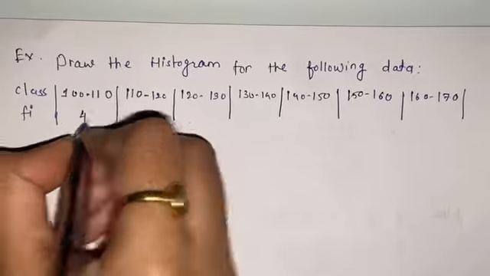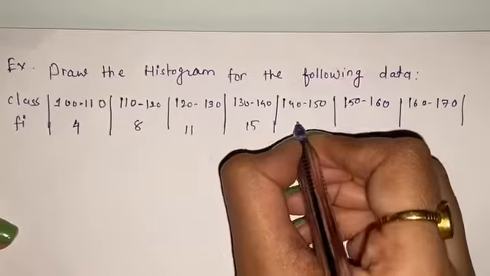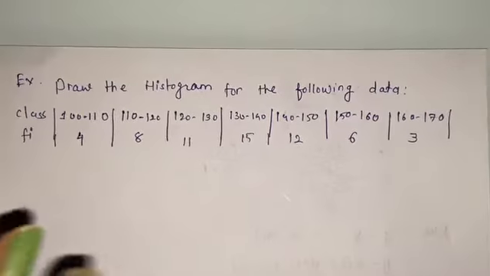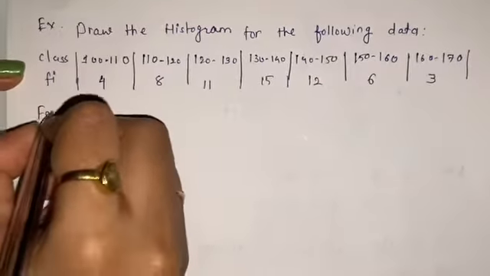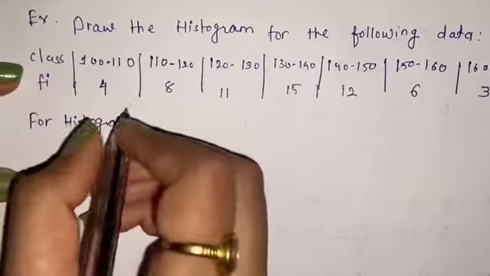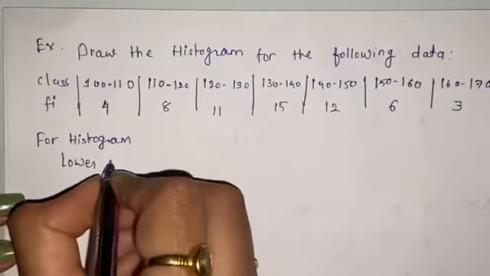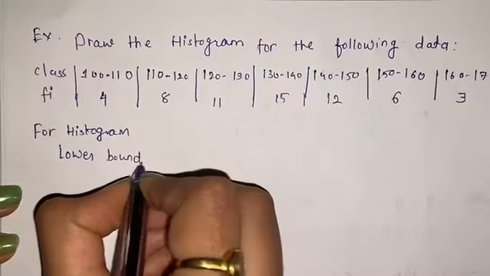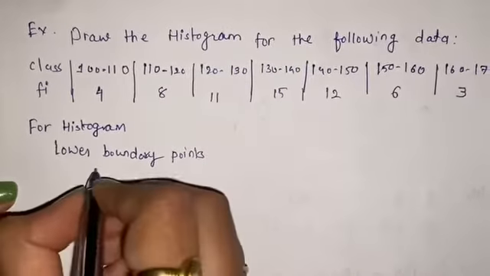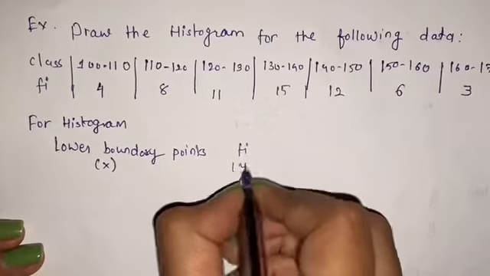Frequency is given 4, 8, 11, 15, 12, 6, and 3. Make a table. Okay, you just make a table. Now for histogram, I require lower boundary points, which is my x-axis, and frequencies with it on y-axis.